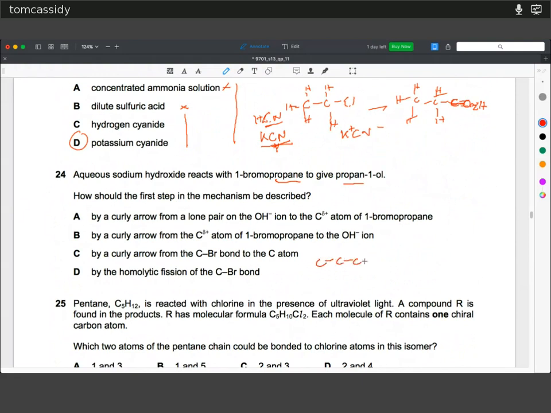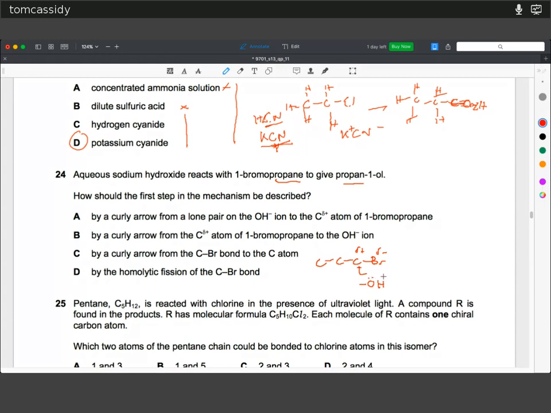I won't draw in all the hydrogens for the moment. It starts off with the bromine there, and you've got the hydroxide. Because bromine is more electronegative than carbon, you have a slight negative there and a slight positive there. That means the hydroxide, which is a nucleophile, has a lone pair of electrons that can start to form a bond there.